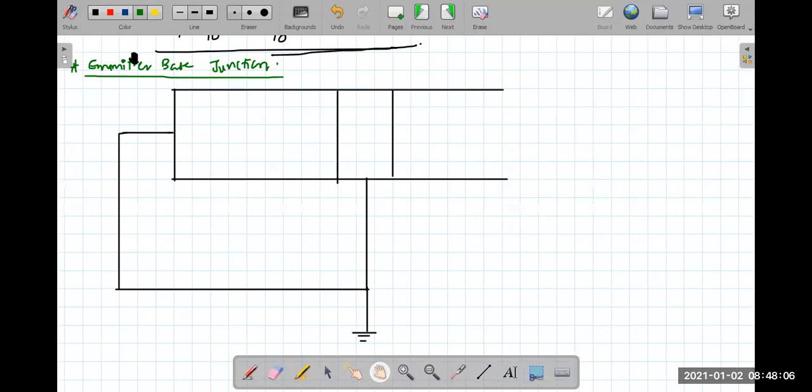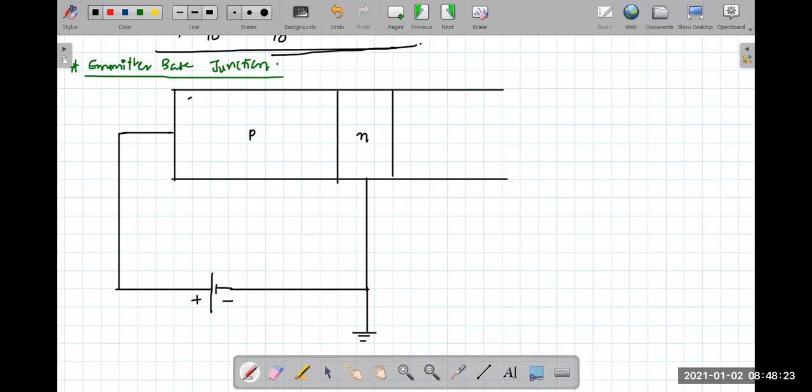So what must happen to the emitter-base junction? You see, this is a P region, this is an N region, and we have forward biased it. Why have we forward biased it?